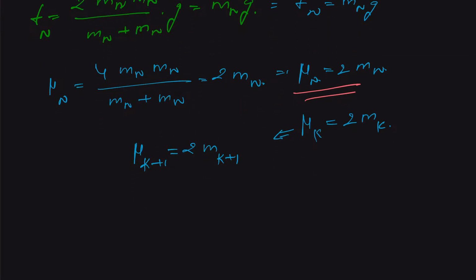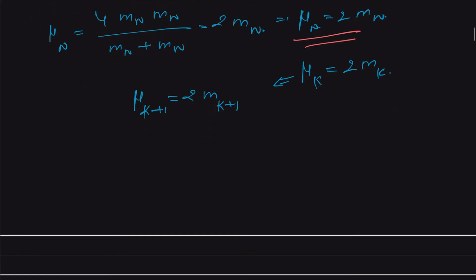So finally we can use our equation for the acceleration. We know that our acceleration is given as m of k minus mu of k plus 1, divided by m of k plus mu of k plus 1. Okay.